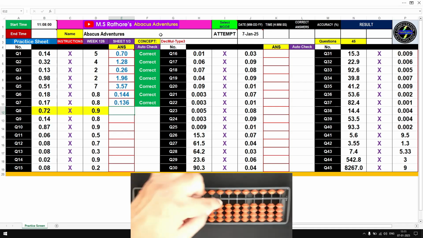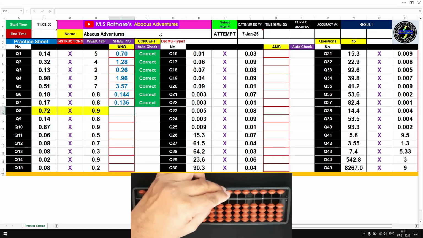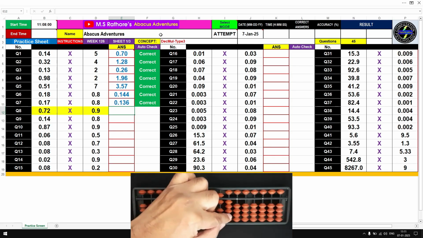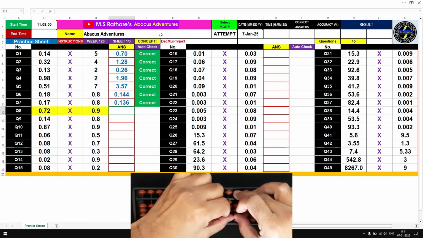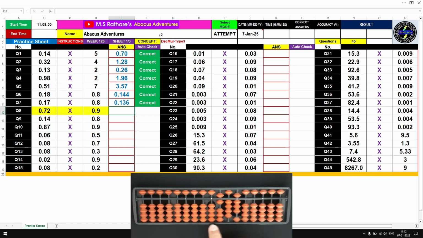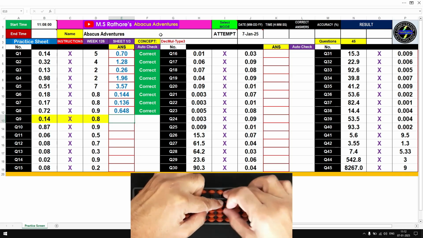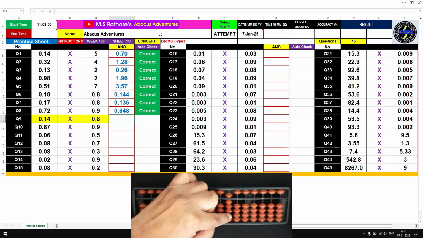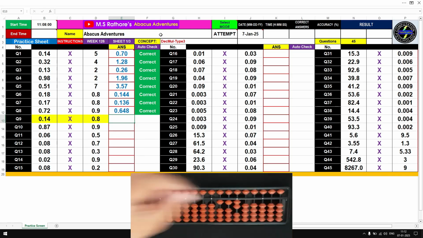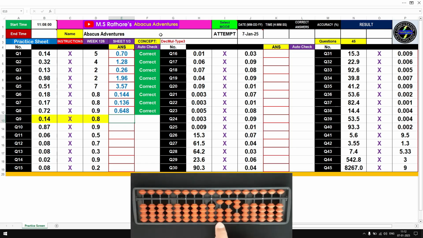Let's begin from rod number 0. 9 sevens are 63, 9 twos are 18, and the answer is 0.648. Question number 9, 0.14 multiplied by 0.8. Rod number 0 to begin with. 8 ones are 8, 8 fours are 32, and the answer is 0.112.